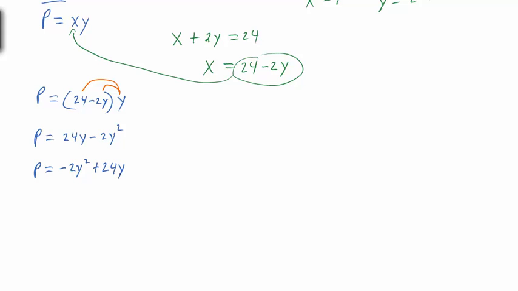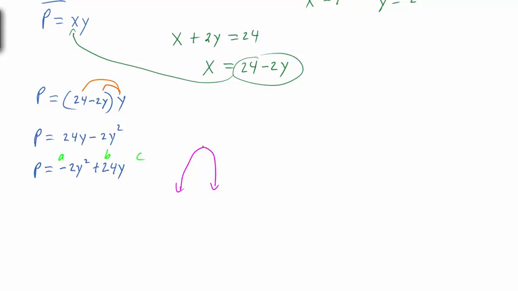And again, we want to find the maximum. Well, from this equation, once again, here we have this is our A, this is our B, and C is equal to 0. Because the A value here is negative 2, once again, we know our parabola is going to open down.